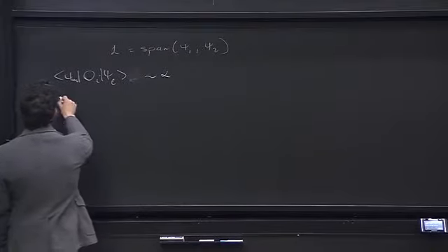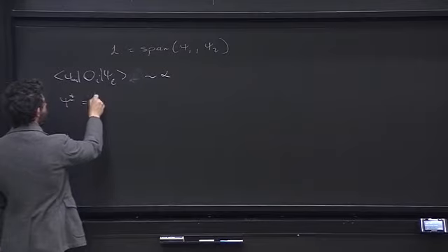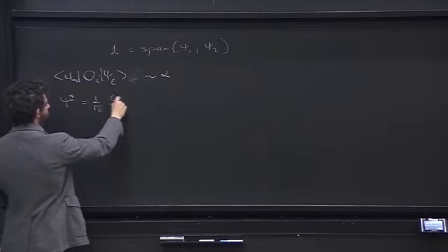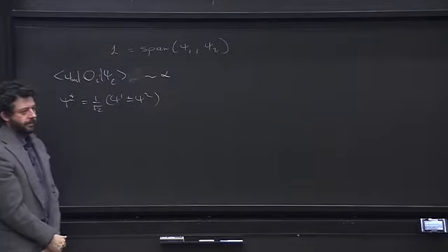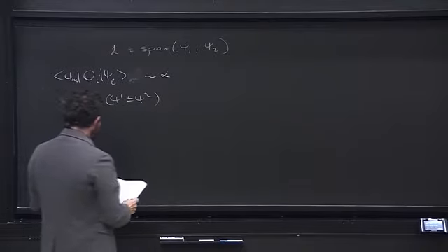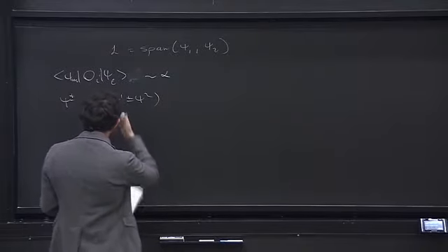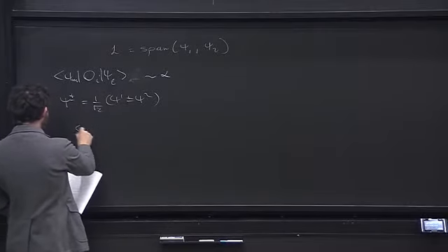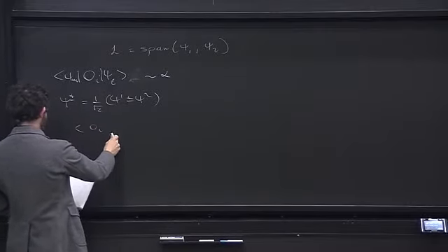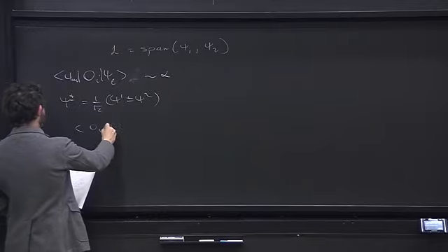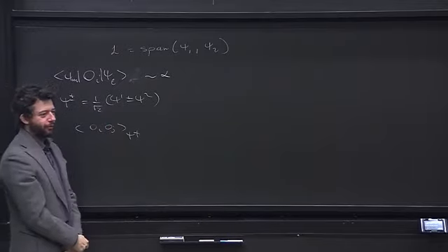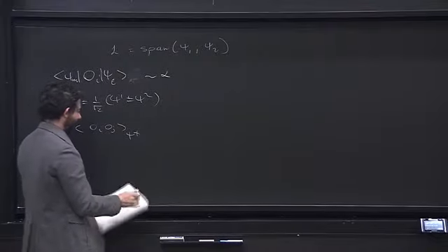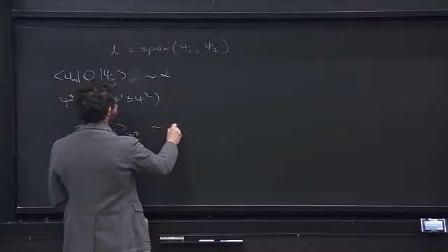Then you can always define these two states, the symmetric combination, and if you now compute the expectation value in the symmetric state of OI OJ, if you just do it, this must go like alpha squared.